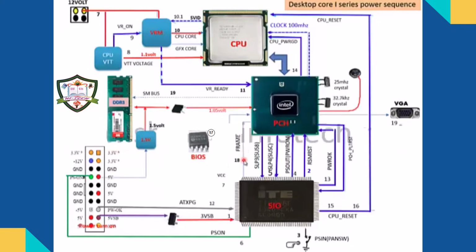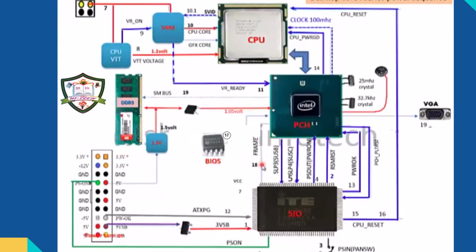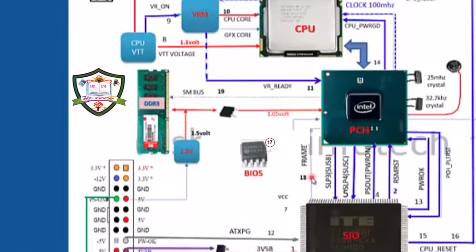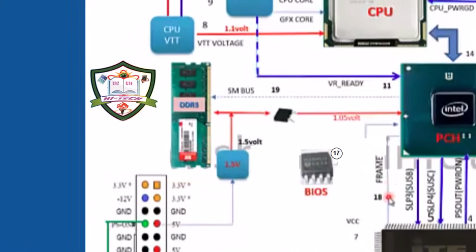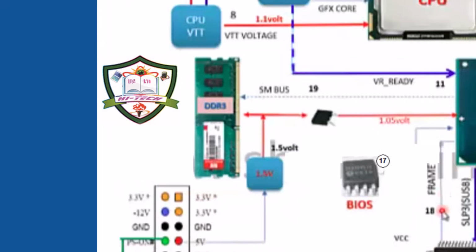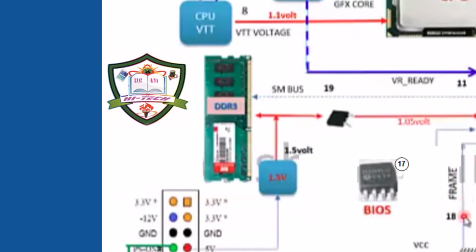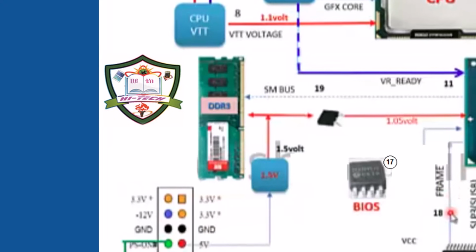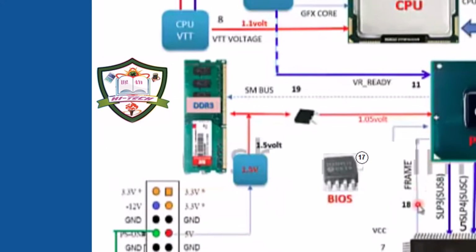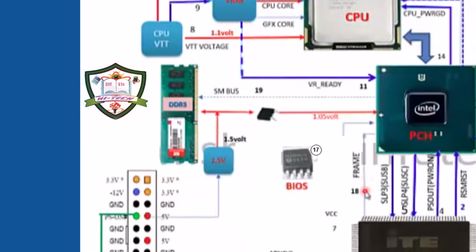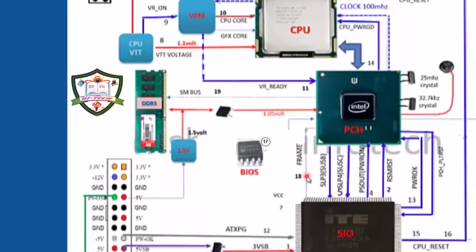Notice that these boards use DDR3 memory and require a VCCSA voltage and a specialized 1.05 volt VTT_PCH rail. In the I-series sequence, the VRM controller uses SVID, or serial voltage identification, for high-speed communication with the CPU.